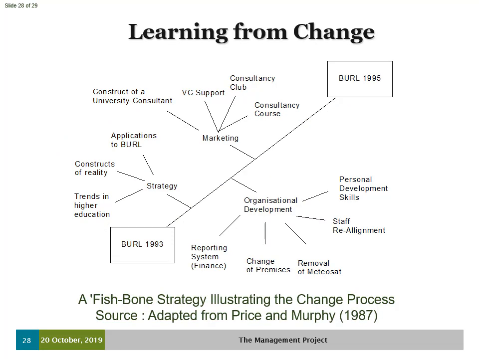And here is the example of my master's degree dissertation, and I only was able to write this as a diagram in retrospect. So we had Burl, which was the name of the company that I worked for in 1993, and it was a 2-year project because it was all by dissertation, and Burl in 1995.